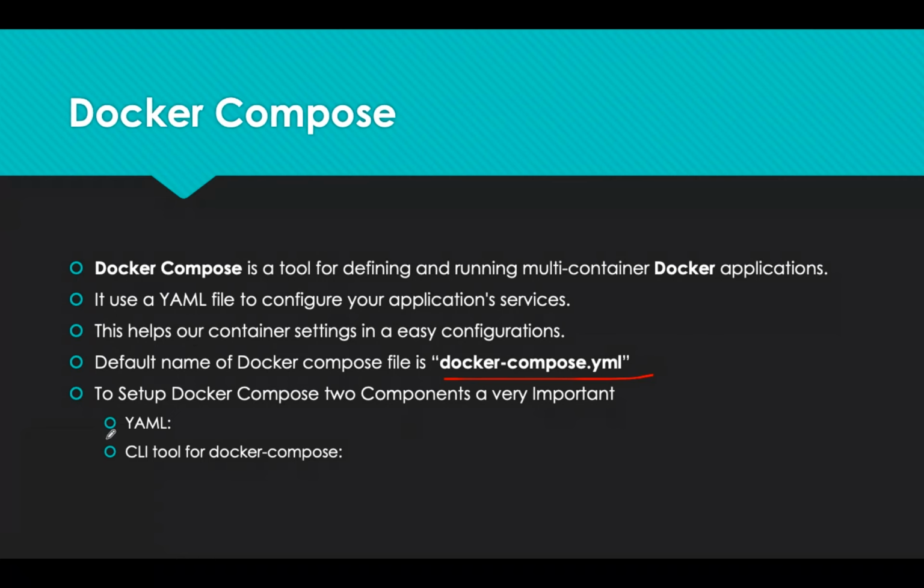So moving further, there are two very important components for deploying any kind of Docker Compose. The very first requirement is to write some sort of YAML script. For that, we need to understand the YAML concept, how we can write the YAML configuration, and the YAML syntax.